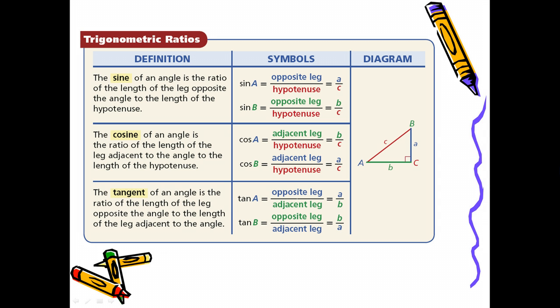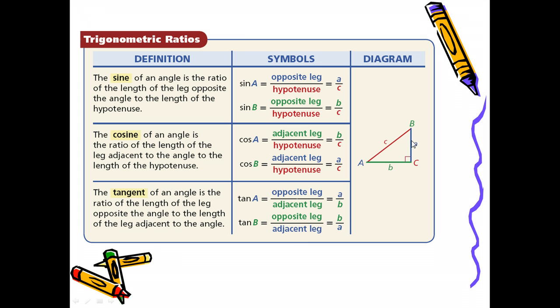The tangent of an angle is the ratio of the length of the leg opposite the angle to the length of the leg adjacent to the angle. So we take the opposite leg over the adjacent leg. For A, it's opposite over adjacent.